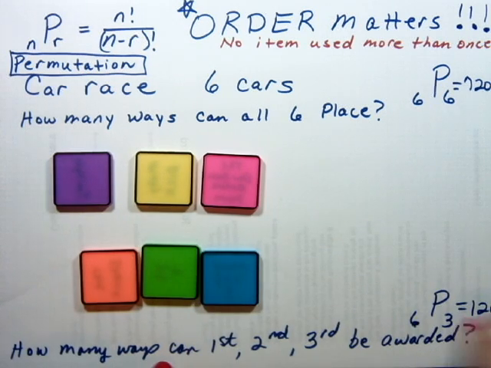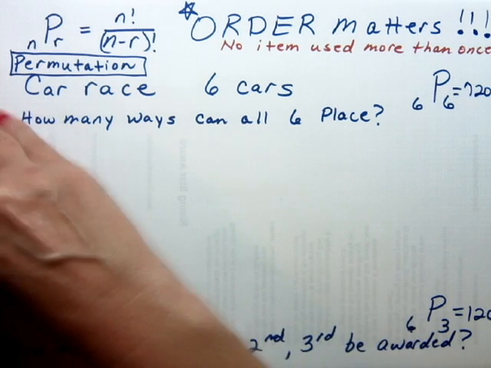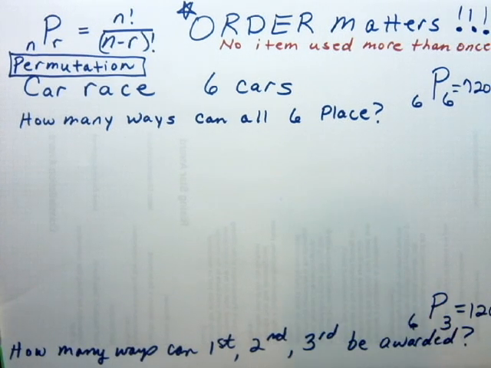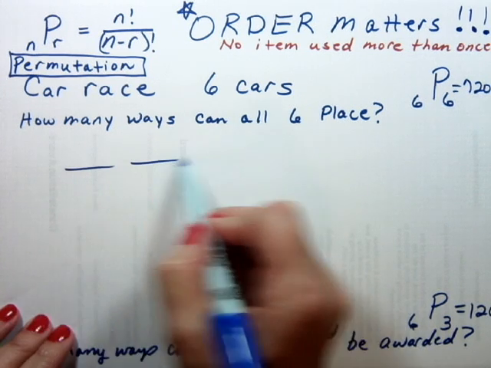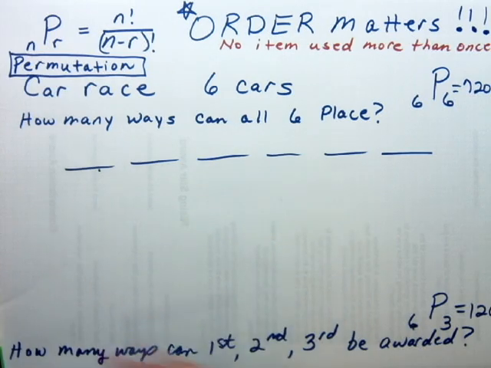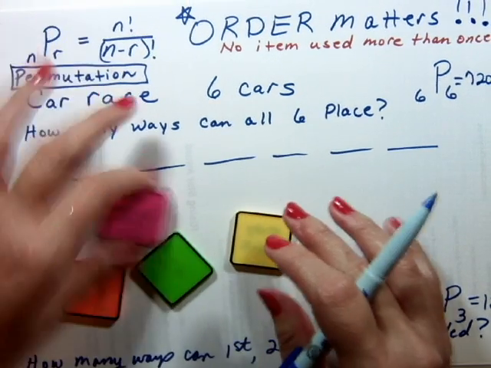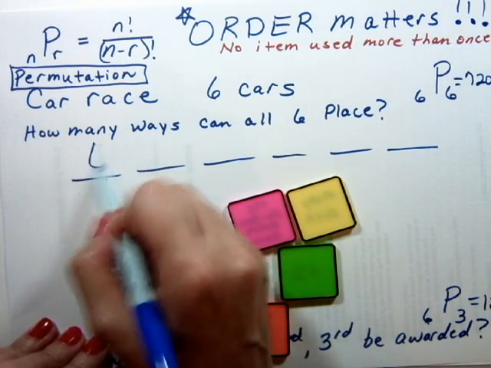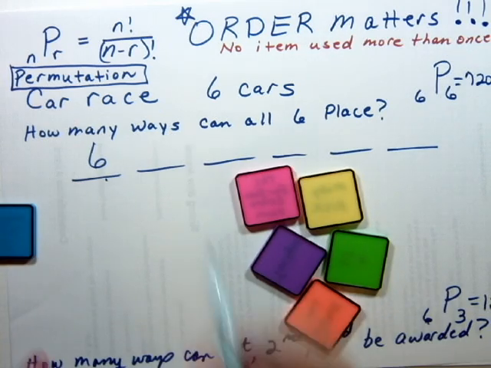There are 120. Now, I could go back to my fundamental counting principle on this one pretty easily and say, look, if I want to know how many ways those 6 cars could place, how many choices do I have for first place? Well, I had 6 of them all together, so I had 6 choices for first place. Once a car comes in first, how many choices do I have for second?